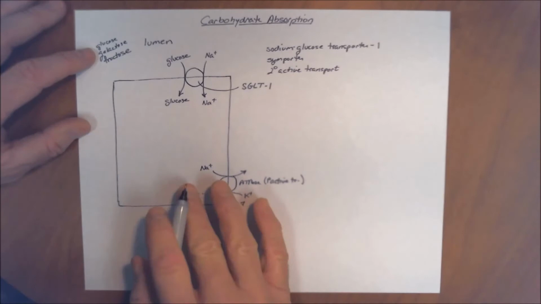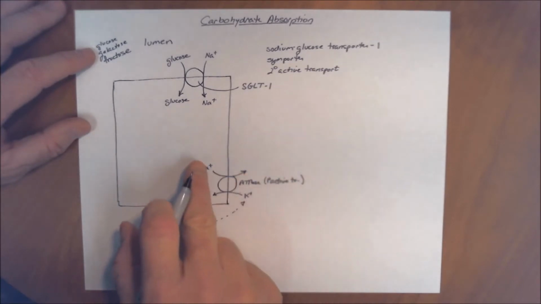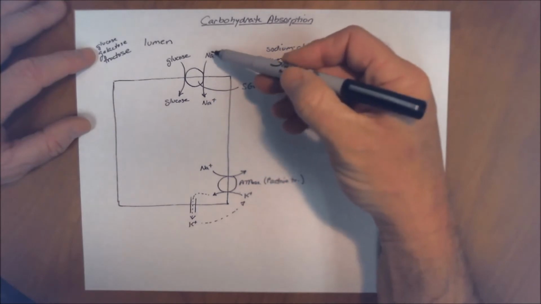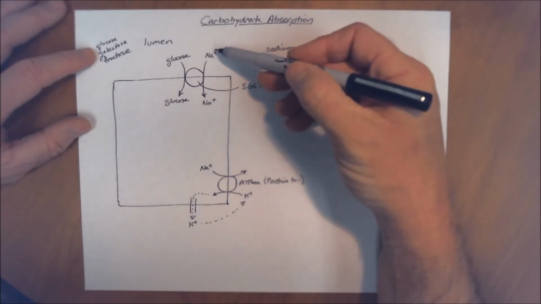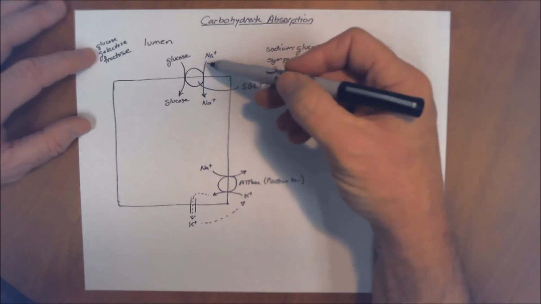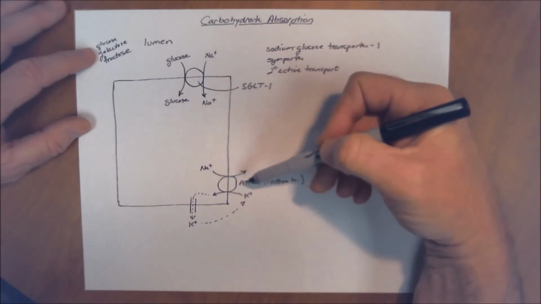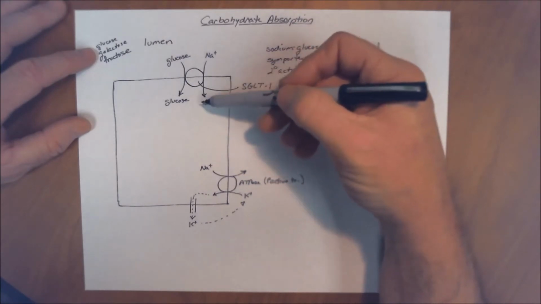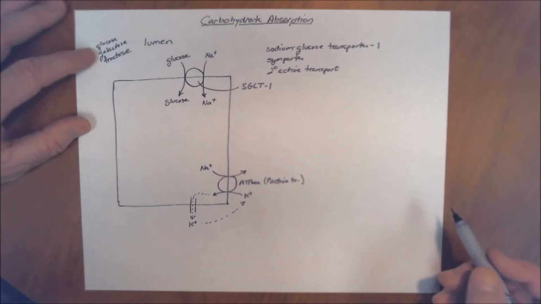So the bottom line is a depletion of sodium inside the cell, which is going to increase the concentration gradient of sodium from the lumen to the inside of the cell, which is secondary active transport using the gradient established by the primary pump to establish this gradient of sodium, which is going to drive glucose in.